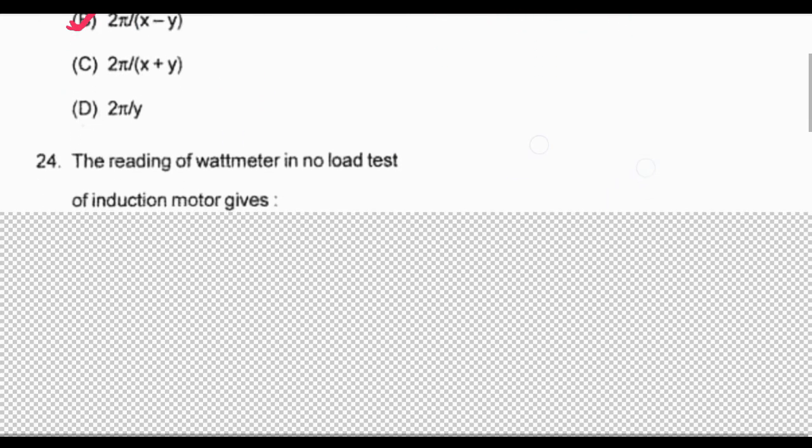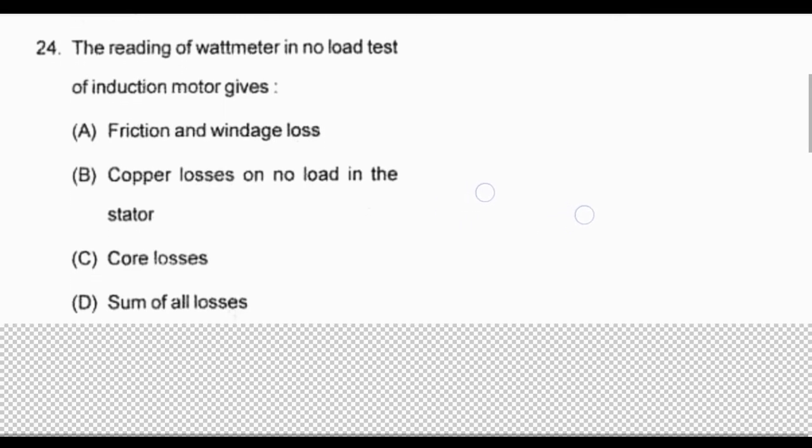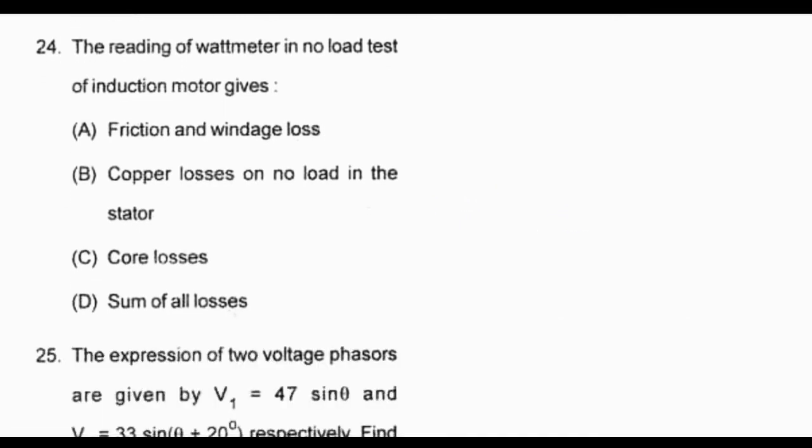Next question is, the reading of wattmeter in no load test of induction motor gives option A, friction and windage loss, option B, copper losses on no load in the stator, option C, core losses, option D, sum of all losses.